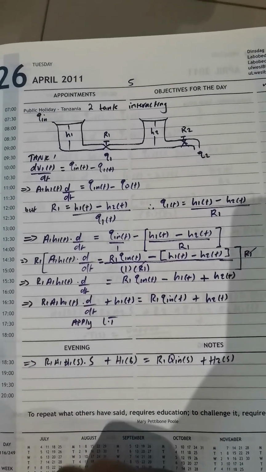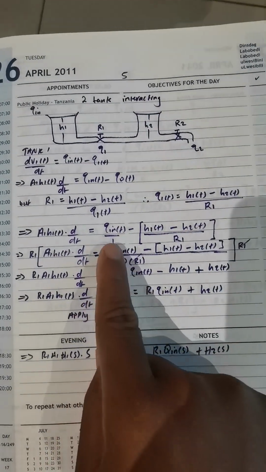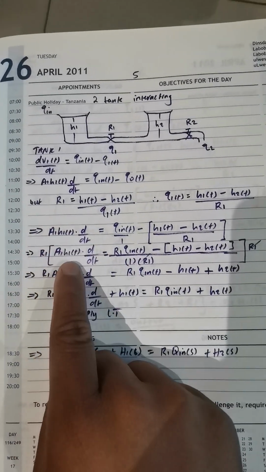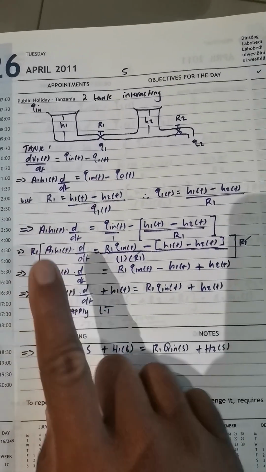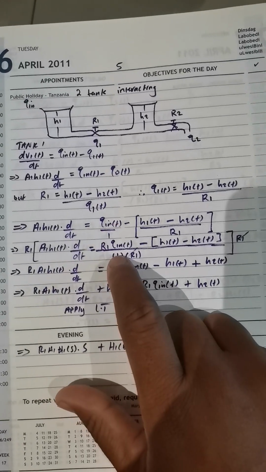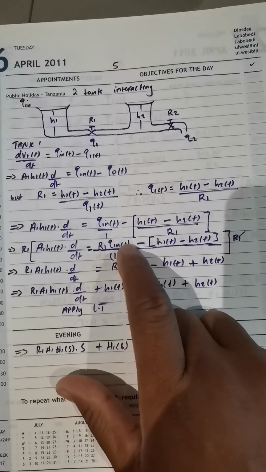Okay, so you must also put square brackets as I have done. Take out the LCD, which is R1, and here I took it out. You drop this one down, and then put R1, so this one cancels this one, so R1 times Q in at t minus.